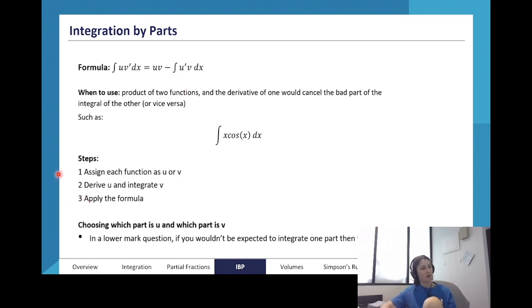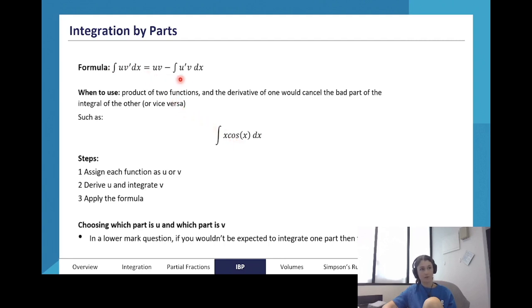But the steps are, firstly, to assign each function as u or v, and then to derive u and integrate v, and then apply the formula. So what we have here is, in our formula, we have the integral of u and v dash. So what we're saying is that in our integral, one of the functions is going to be u, and one of them is going to be v dash.